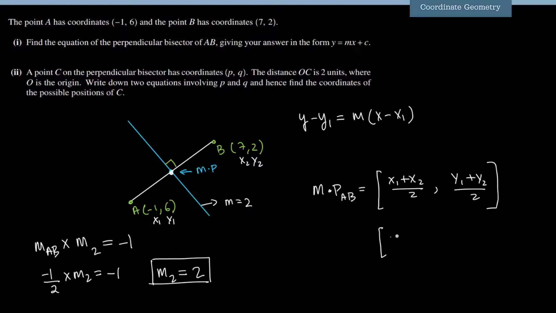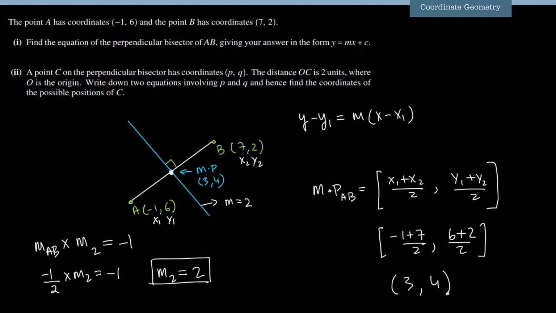So this would be -1 plus 7 divided by 2, 6 plus 2 divided by 2. -1 plus 7 is 6 and 6 divided by 2 is 3. So 3, and 6 plus 2 is 8, 8 divided by 2 is 4. So the midpoint has the coordinates of 3, 4.